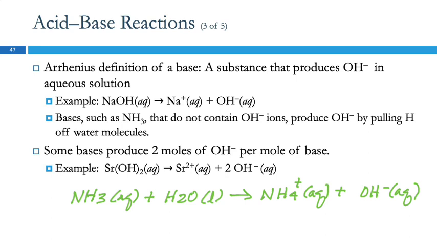So even though NH3 doesn't have OH in its formula, it forms hydroxide ion. It's a base because it'll pull a proton off of a water molecule.